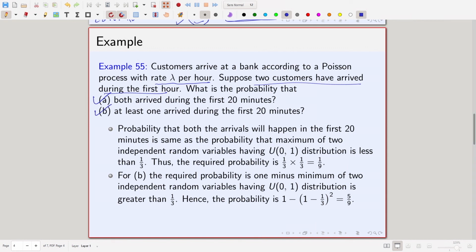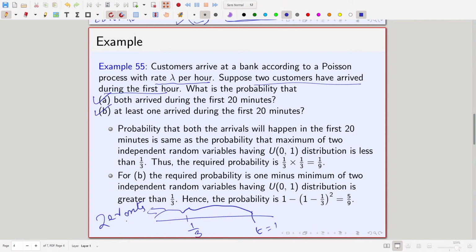And the second problem is, at least one arrived during the first 20 minutes. Now remember, your rate is given in terms of hours, so 20 minutes is just 1 by 3. So here this is t equal to 1 and this is 1 by 3. You are told that there have been 2 events.